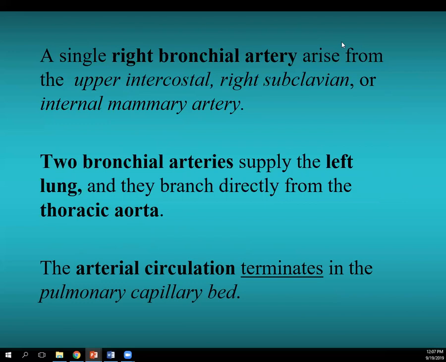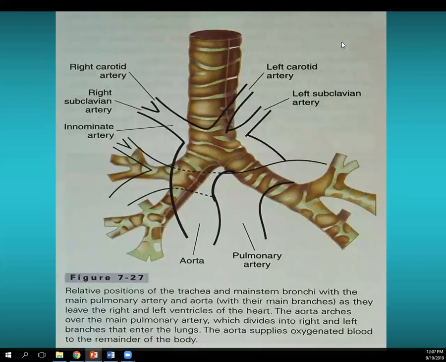So the arterial circulation terminates at the pulmonary capillary bed, down in the area where the gas exchange takes place. You see here in the photo, you can see how the arteries feed the lungs and how they pass around the different vessels. The left carotid artery, left subclavian artery, all of these go through these different areas, and that's how the lungs are fed.